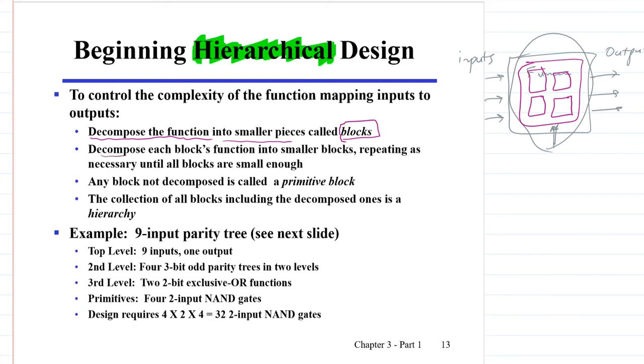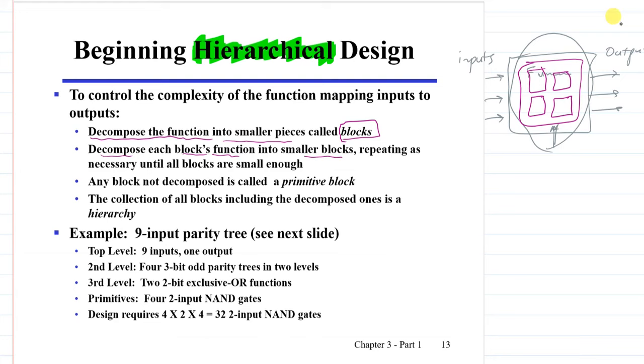Then we can decompose each block's function. Each block now has another function, which might be different from the original function. We need to decompose those blocks' functions into smaller blocks, and we need to repeat this over and over.